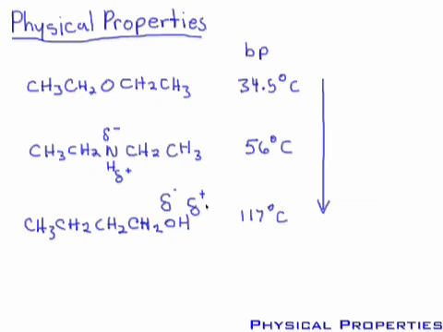You should note that tertiary amines, like ethers, lack hydrogen bonding. So if I look at a molecule like trimethylamine, trimethylamine has no H off the nitrogen, so its boiling point is only 3 degrees.